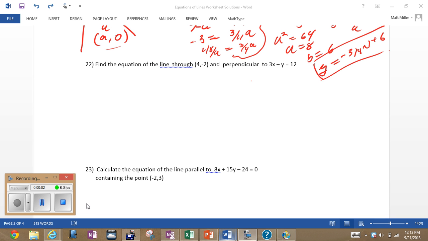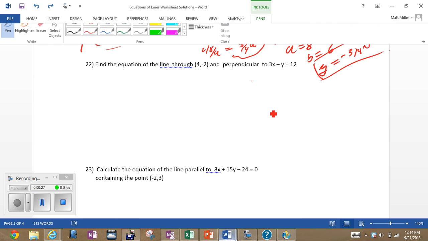And now we're going to take a final look at some of the rest of these problems on this worksheet. Okay, 22. It's not done, but it should not be that overwhelmingly difficult. Perpendicular to this line means first find the slope of this line, which is again according to the A over B approach.